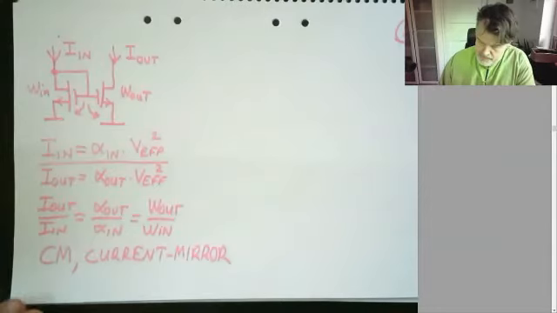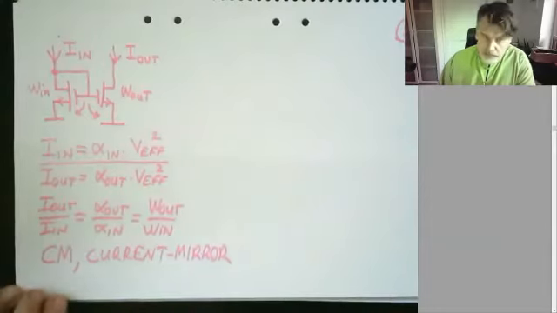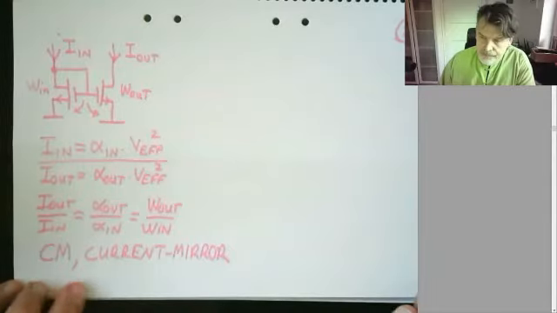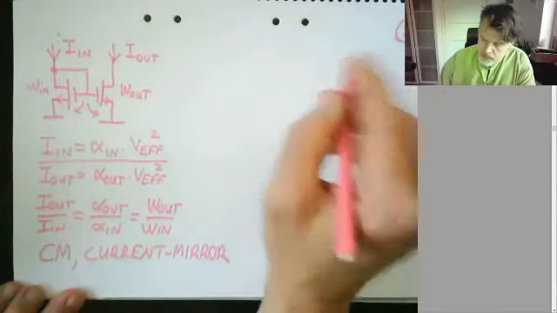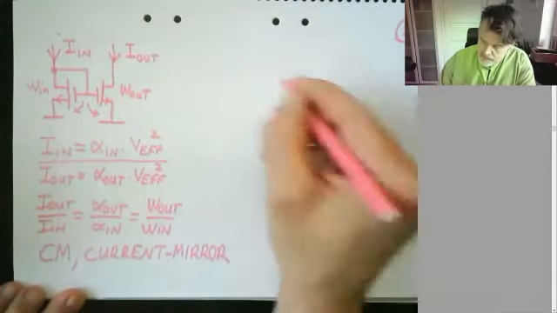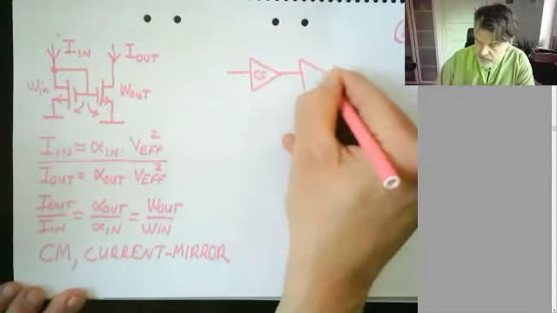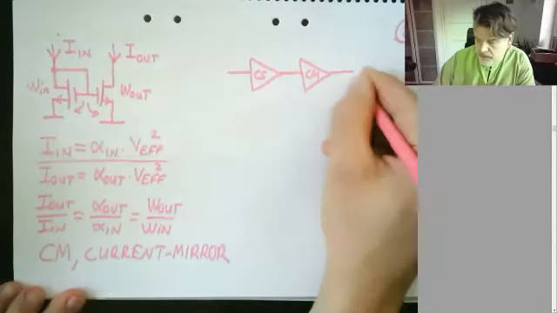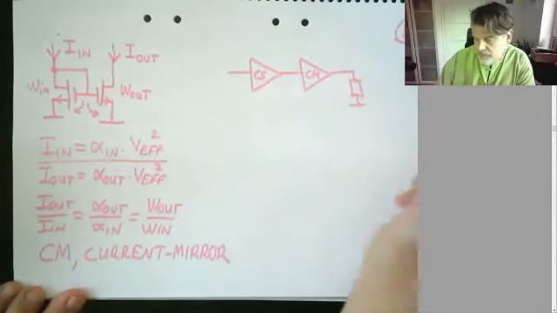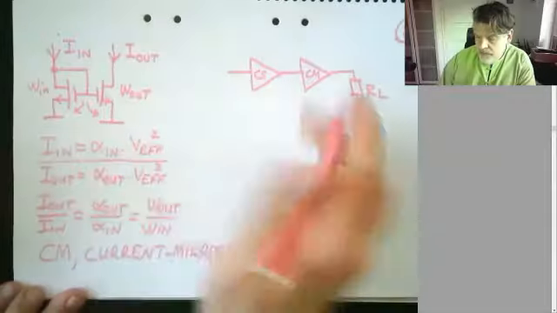And we will look into that use shortly. So I could, for example, have a common source into a current mirror basically, and then some load of some kind. That would give me gain then.